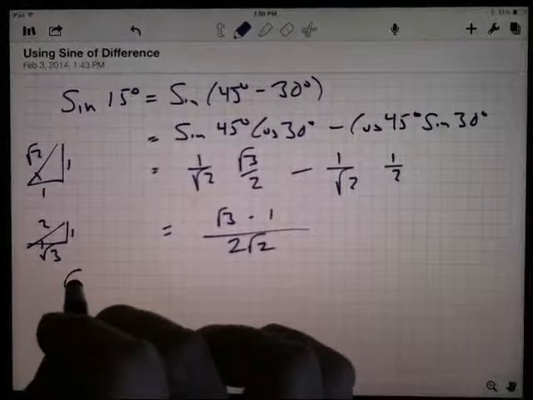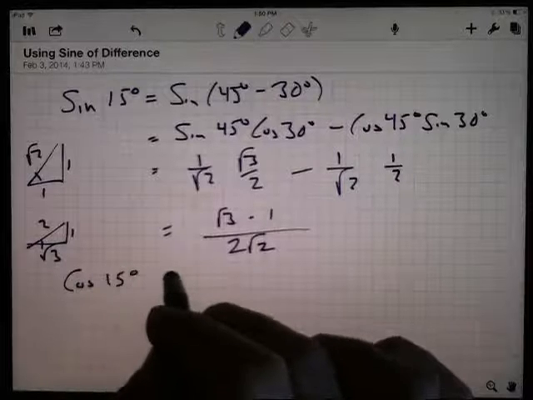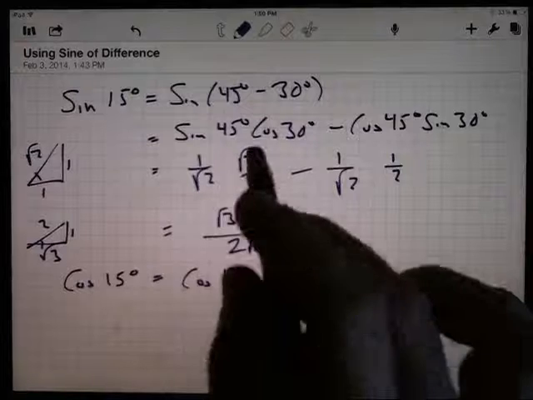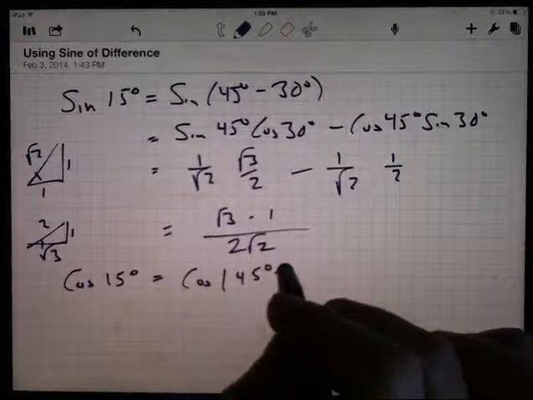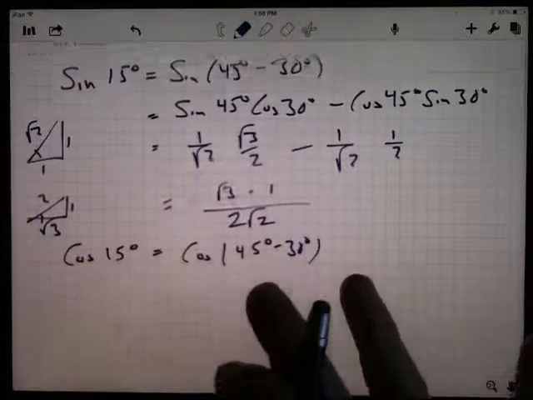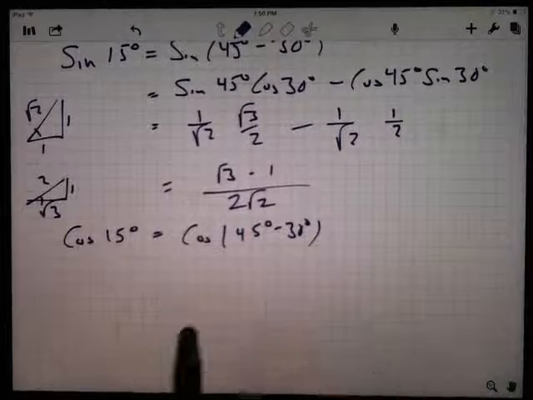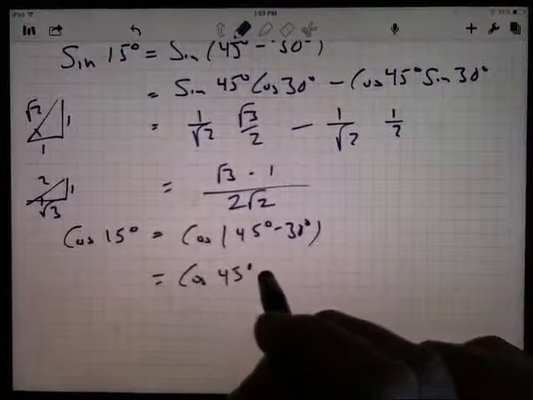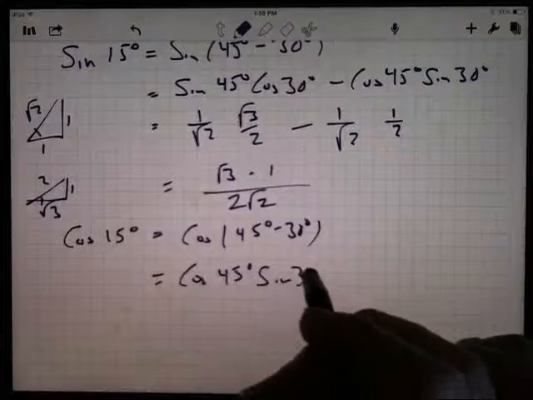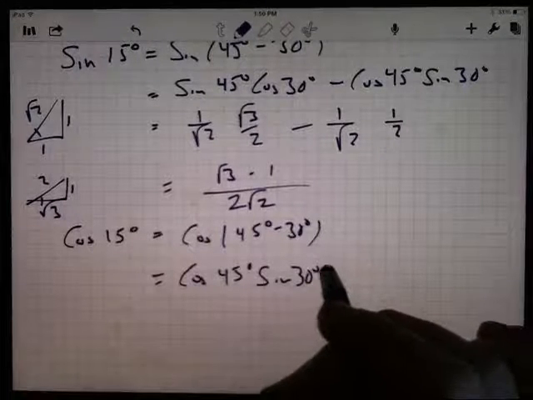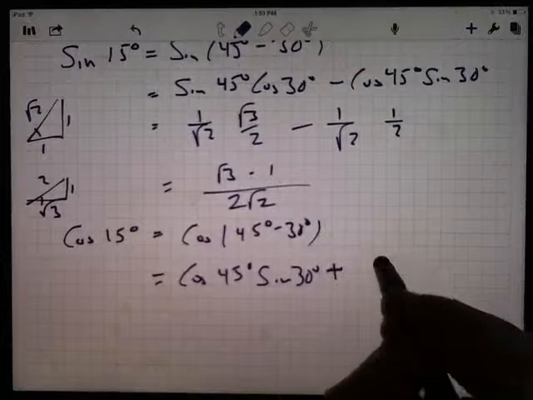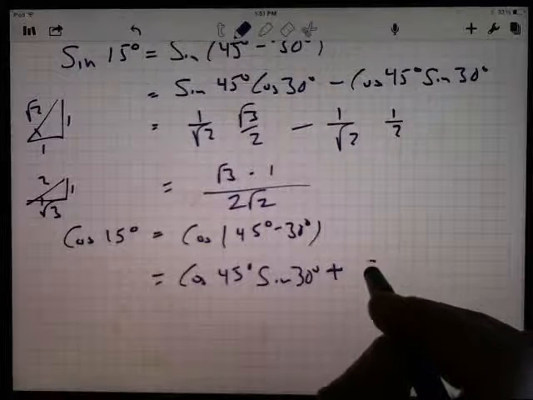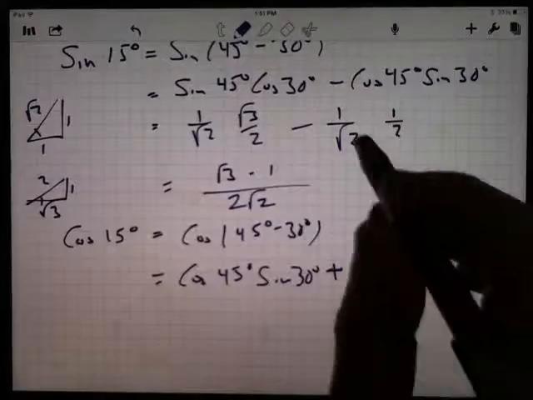Now, how about the cosine of 15 degrees? Cosine of 15 degrees I think of as the cosine of, not surprising, 45 degrees minus 30 degrees, because I have a formula for how to do the cosine of a difference. Alright, it's the cosine of the first one times the sine of the second one minus, actually it's plus, what am I doing?